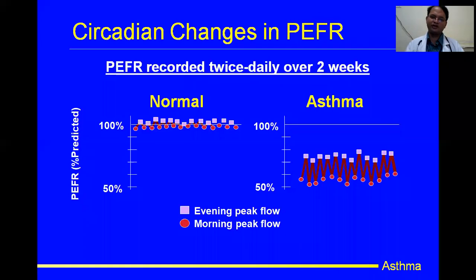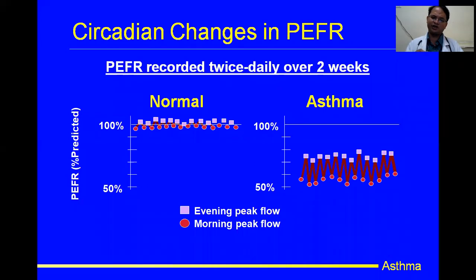Normally, in a normal patient, there will not be much variation in the peak flow meter reading between the mornings and the nights. But in a patient who is suffering from bronchial asthma, the peak flow meter recording has to be done for 2 consecutive weeks, twice daily, once in the early morning, the second before going to bed at night.